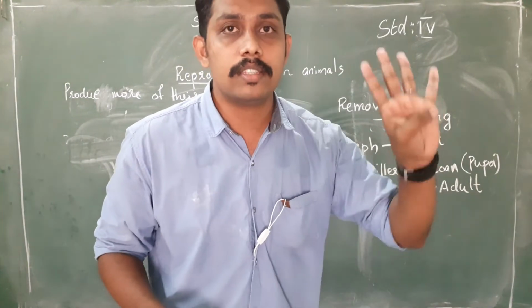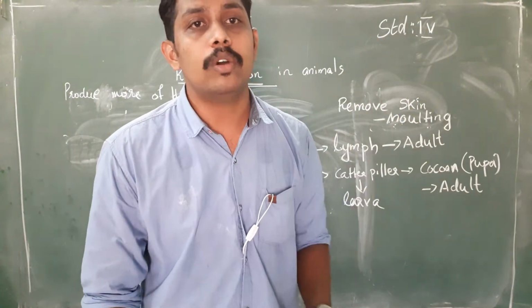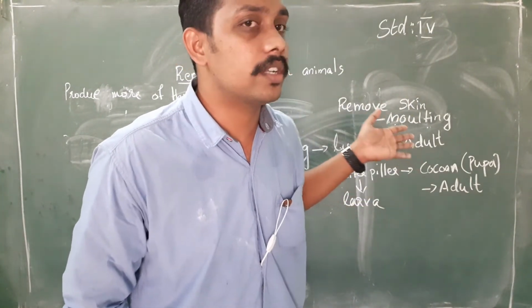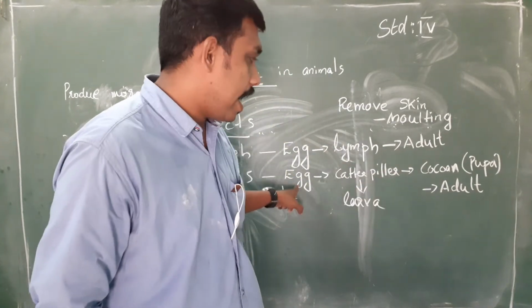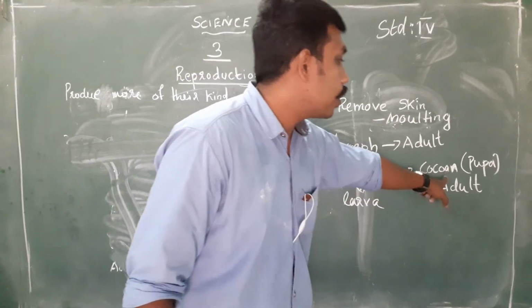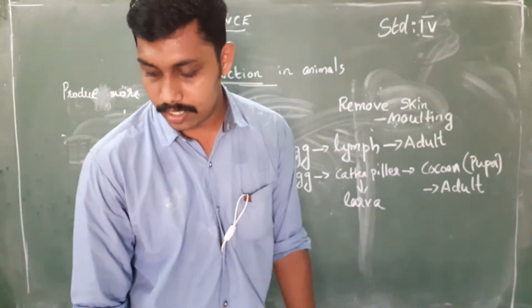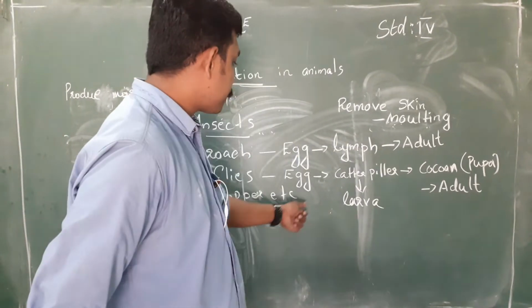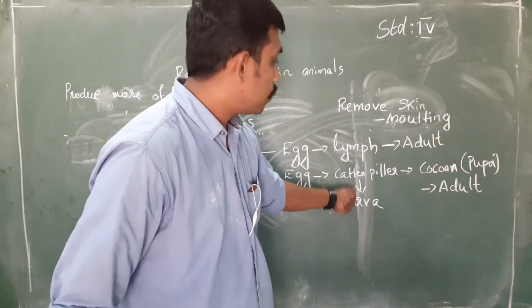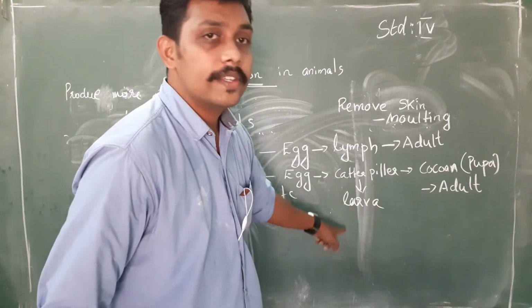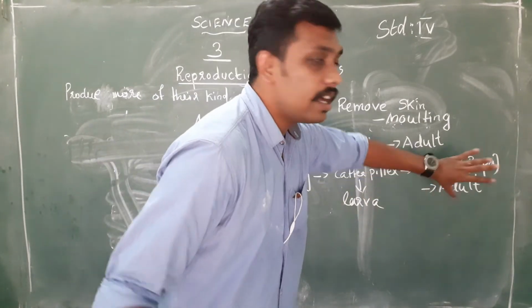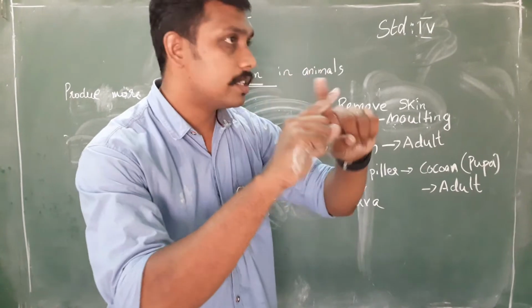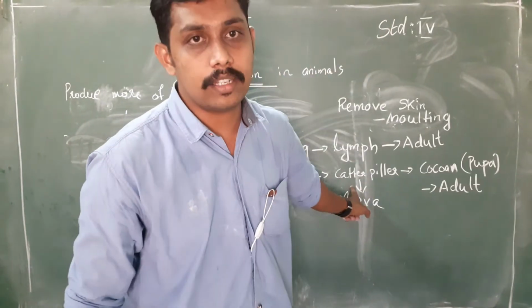This is the 4 stages of formation of what? Butterfly. Reproduction in butterfly. They are egg, caterpillar, cocoon and adult. Okay, so larva is also called caterpillar. So these two are the same, and cocoon is the covering. Cocoon is the covering of what? Caterpillar.